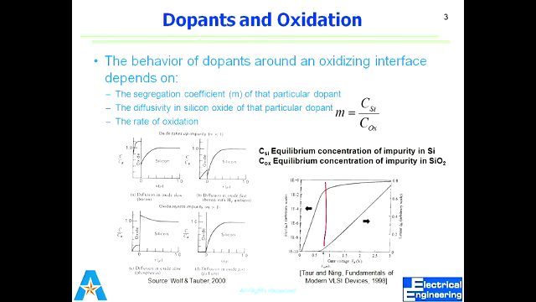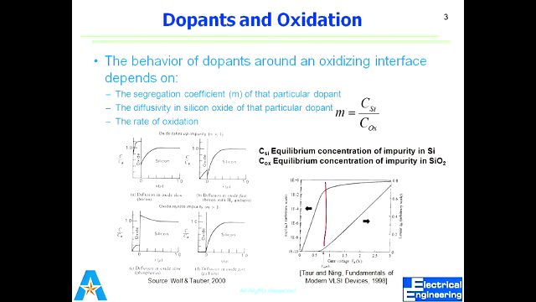The second parameter is the diffusivity of that particular dopant in silicon dioxide. If that dopant has more diffusion in the oxide layer, what will happen? Boron, for example, has smaller atoms and can diffuse easily. If it diffuses through the oxide layer, it can escape, and in that case again the concentration will go down at the surface.